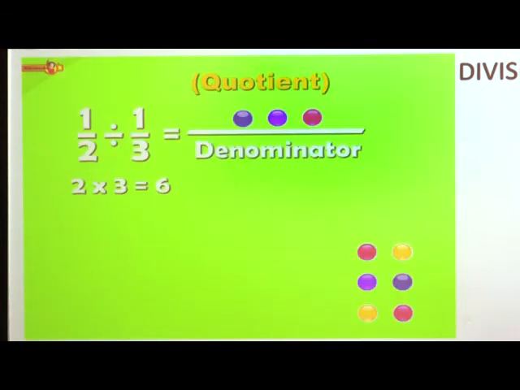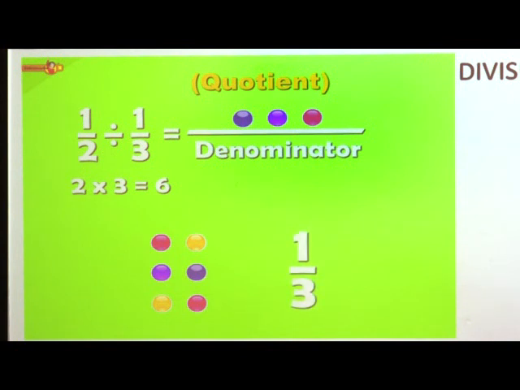Similarly, take another pair of 6 buttons as the product of denominators 2 and 3 is 6. Since the denominator of the second fraction is 3, divide 6 buttons in 3 groups. Thus, we get 2 buttons in each group.